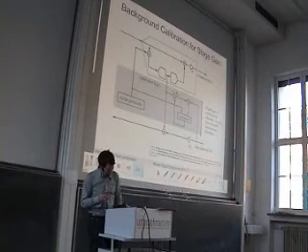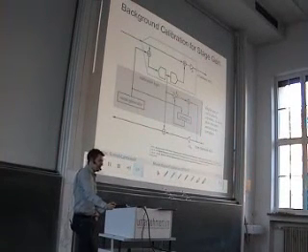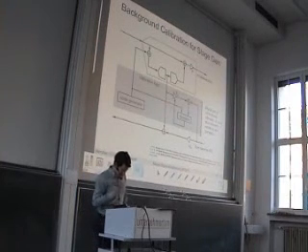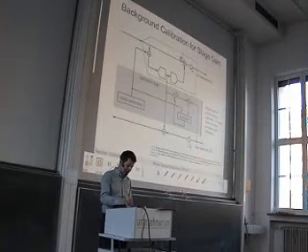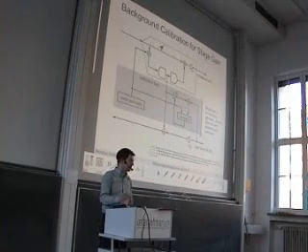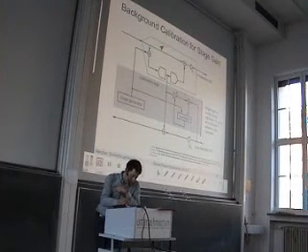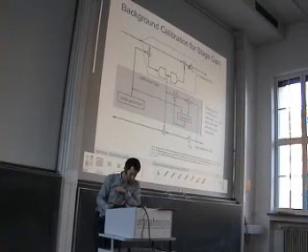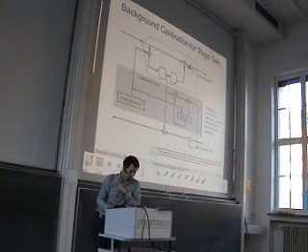And one among many possibilities to calibrate the pipeline ADC is shown here. Here you see in the upper part exactly the pipeline stage that we have discussed so far. And then we can say, okay, here there is a gain, and we want to know this gain.